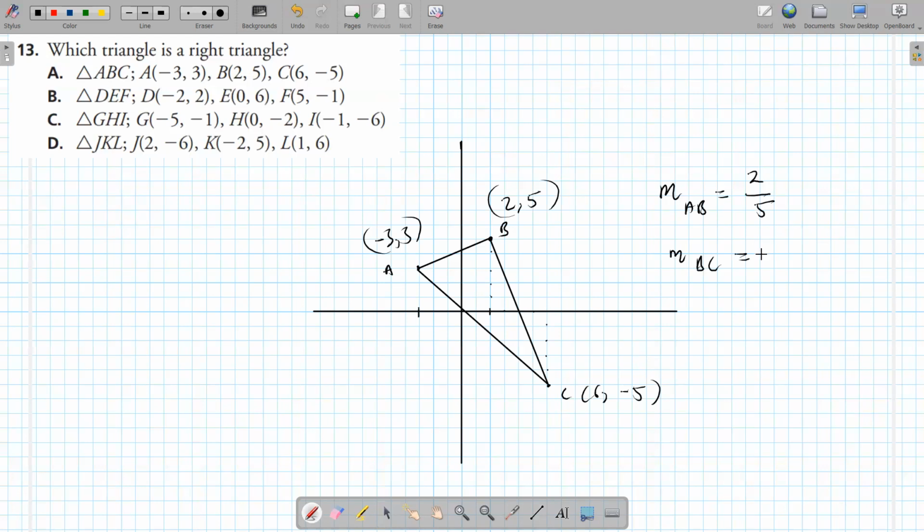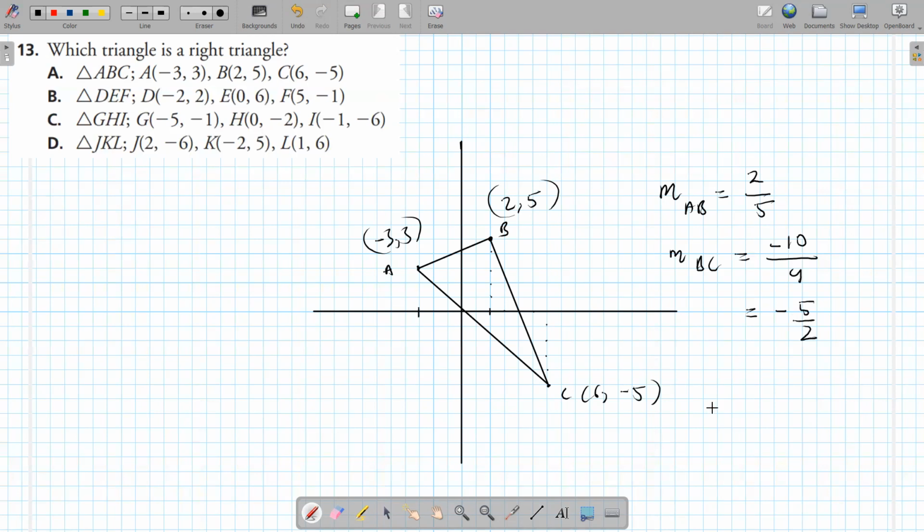What's the rise? It's 10. It'll be negative because it's falling. What's the run? 4. What does negative 10 over 4 reduce to? Negative 5 over 2.